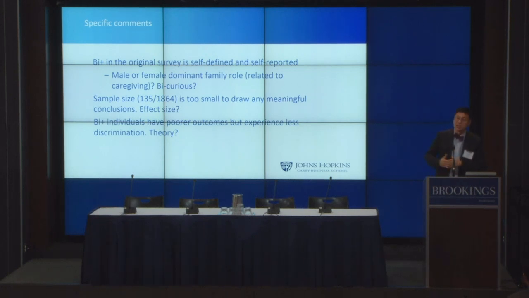The sample size, I might be wrong, but I believe it was 135 individuals out of a surveyed population of 1,800. So that's small. Statistically, I would worry a little bit about that. So the question there would be the effect size question. How big is the effect size?